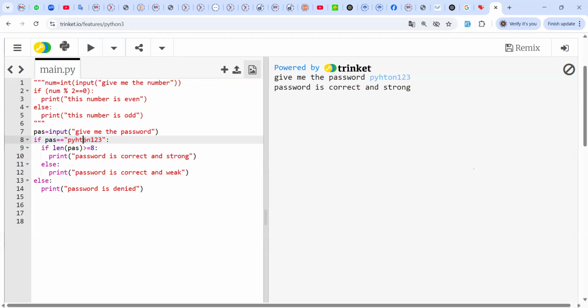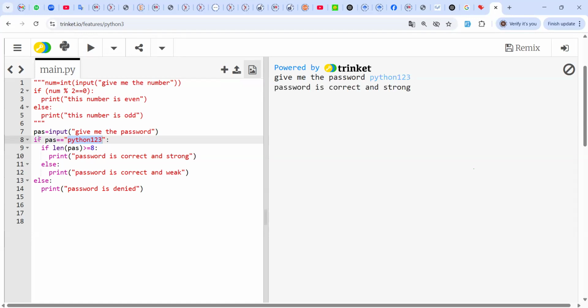I have to switch this. Python. This is the right Python. It's not the other one. Okay, we're going to check it again. I'm going to type it, Python 123. Oh, I mispronounced it again. Let's copy paste it. Control C, Control V. Okay, password is correct and strong.